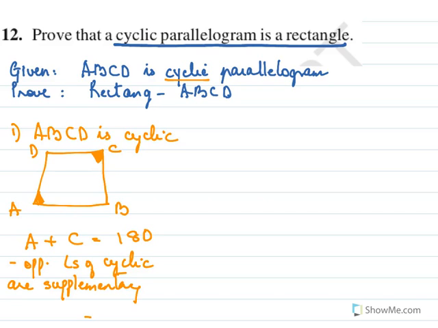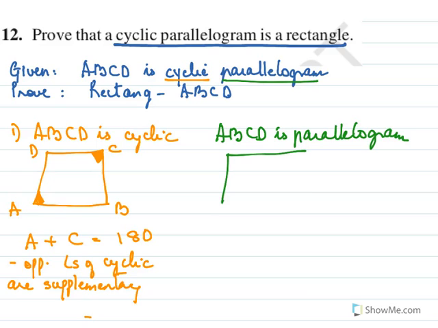Now on the other side they say it is a parallelogram. So ABCD is a parallelogram. So let's put the properties of parallelogram. So here ABCD is also a parallelogram.